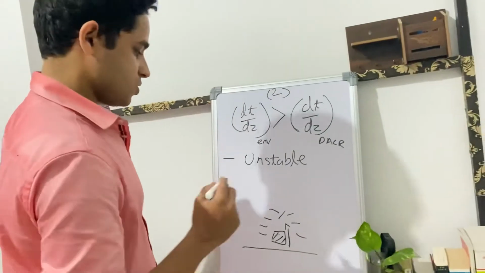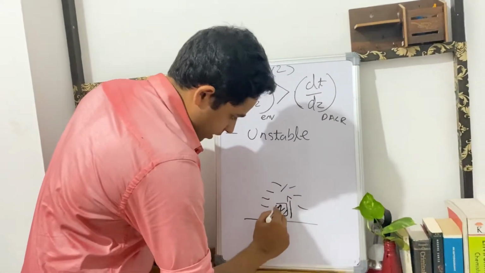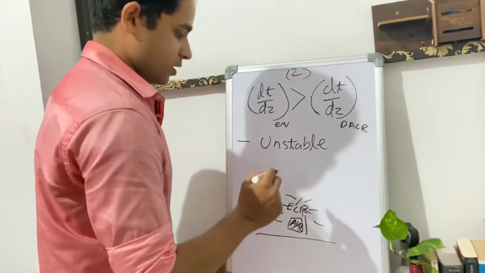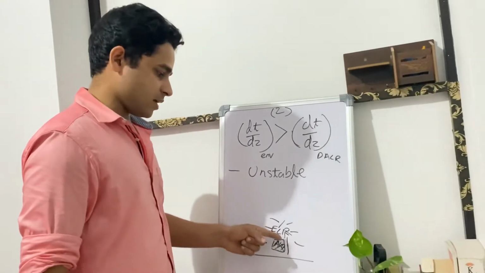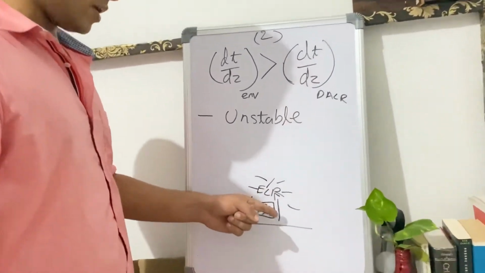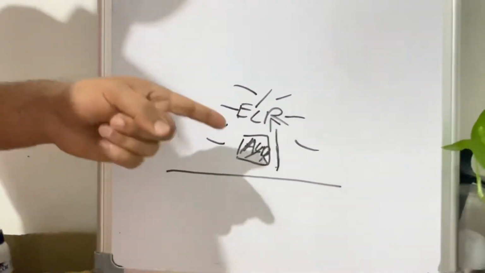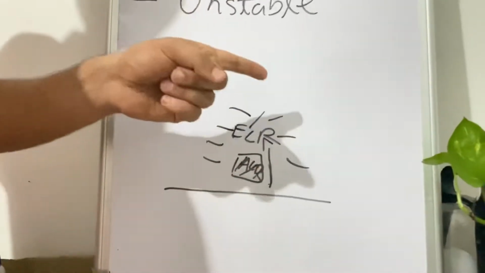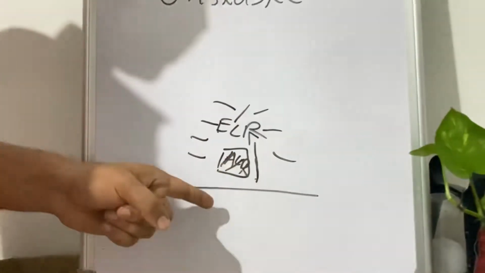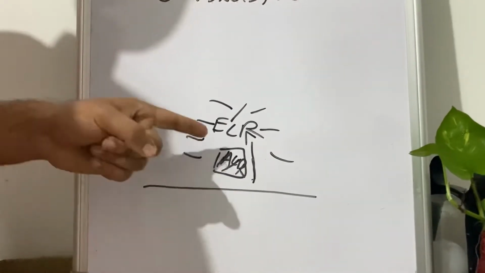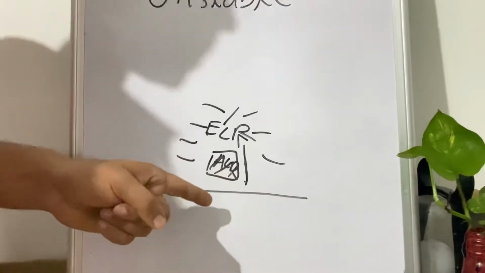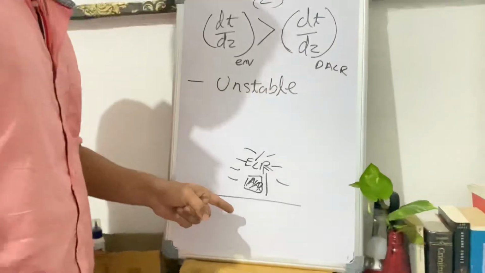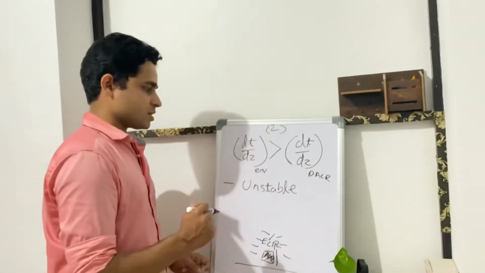Okay, so ALR and ELR, and if ELR is greater, that is, the lapse rate of the surroundings, the temperature decrease in the surroundings of an air parcel is greater than the temperature decrease of the air parcel within the system, then that condition is called unstable.